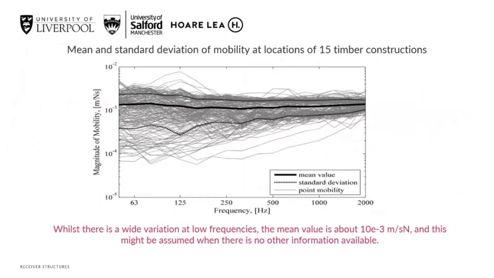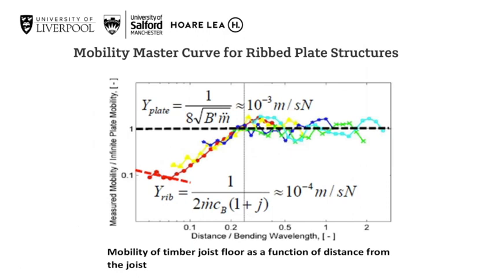But if you look at the averaged mobility across different constructions, it generally tends to be about 1 × 10⁻³. If you take the measurements and normalize them to their characteristic mobility, you get a much clearer picture that your measured mobility should be around 1 × 10⁻³ meter/second.